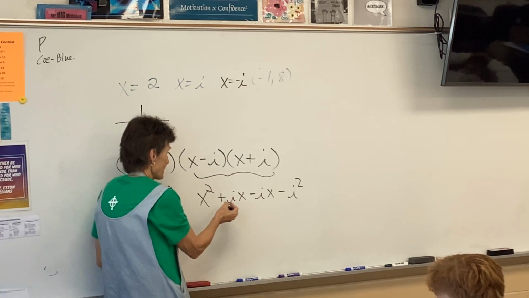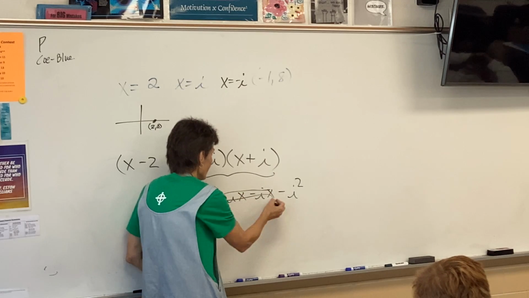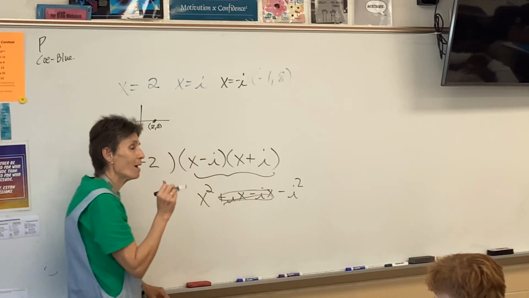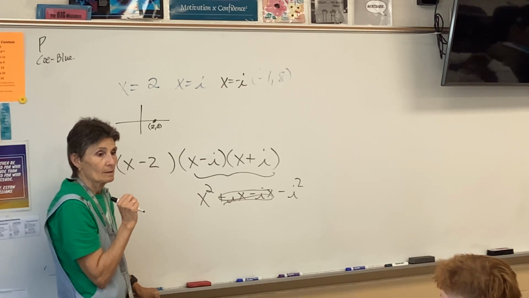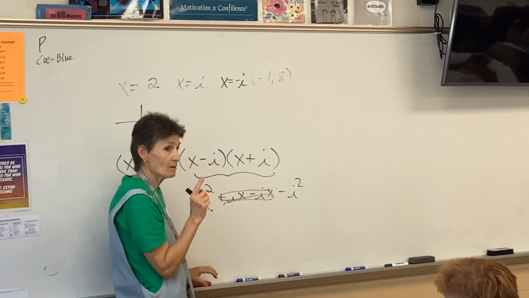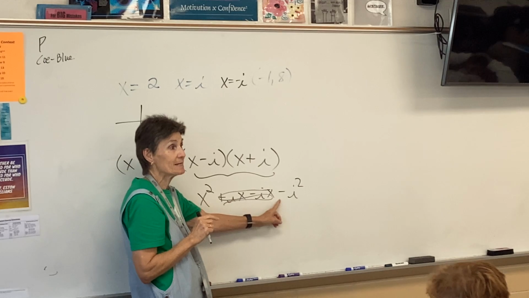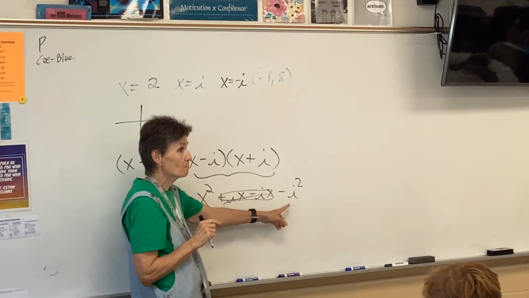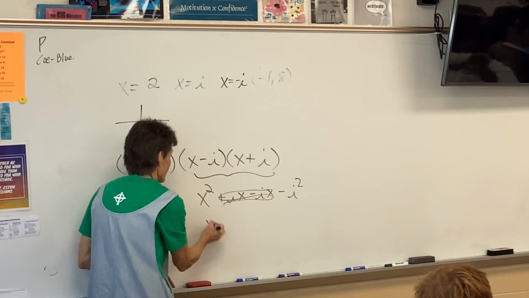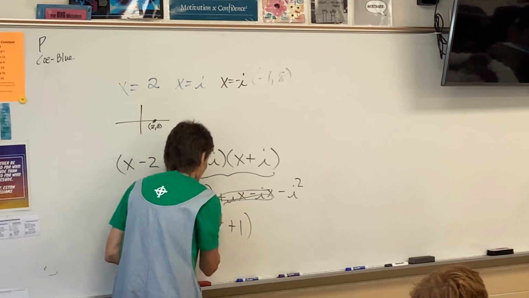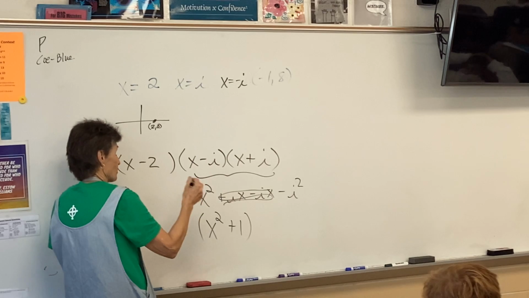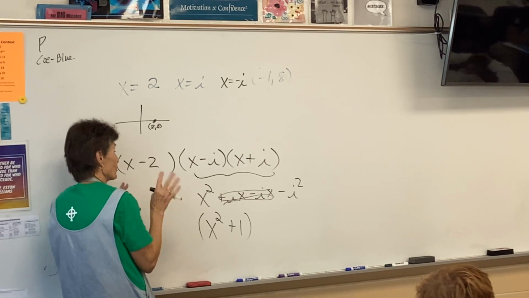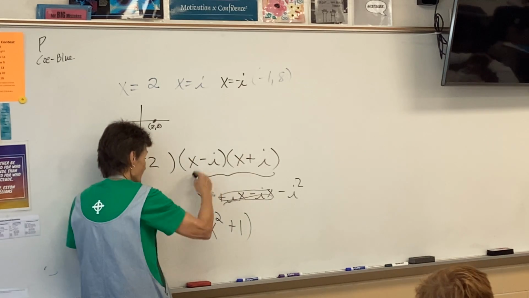What happens to these guys? They cancel. And what happens to minus i squared? Well, i squared is -1, so this would be -1. So that becomes +1. So x squared plus 1. So when you're multiplying these factors, if any of them involve i's, do those first. Okay?